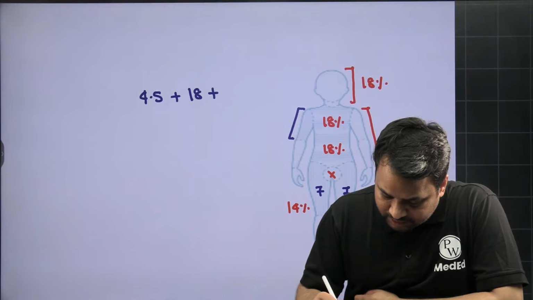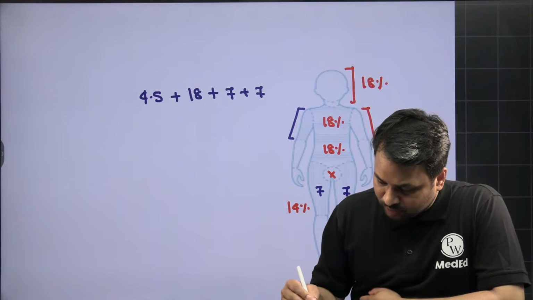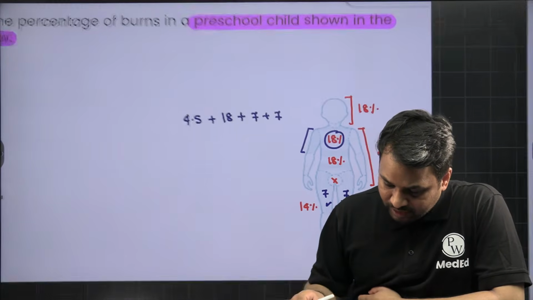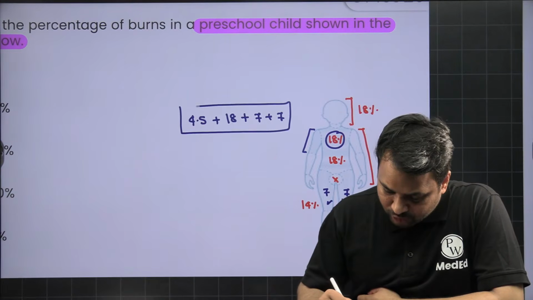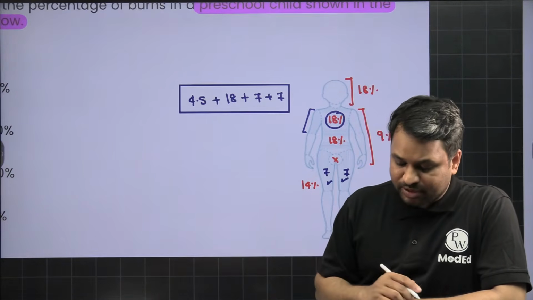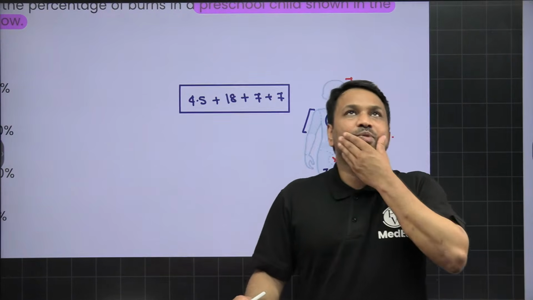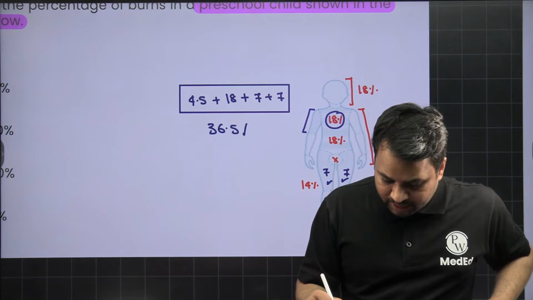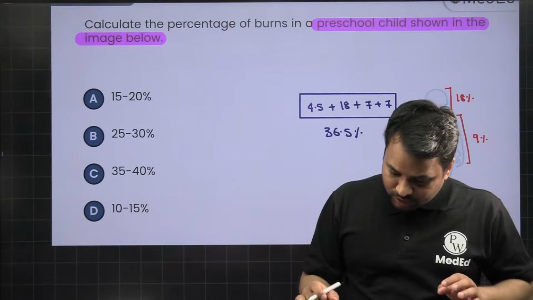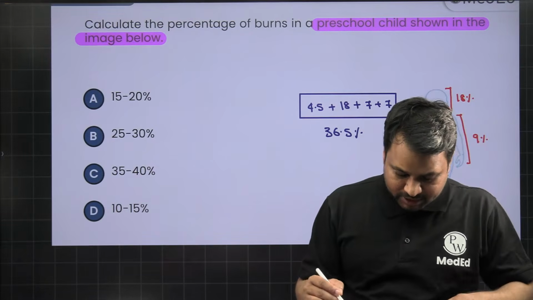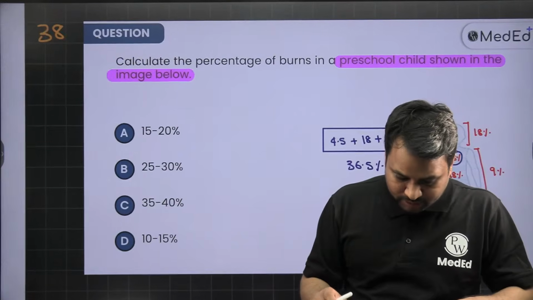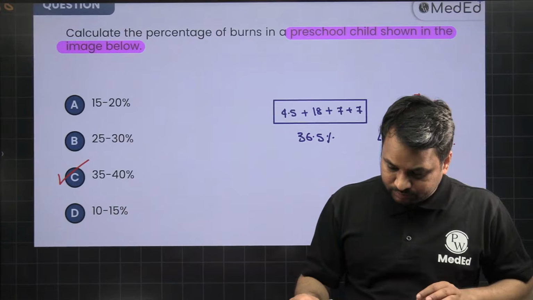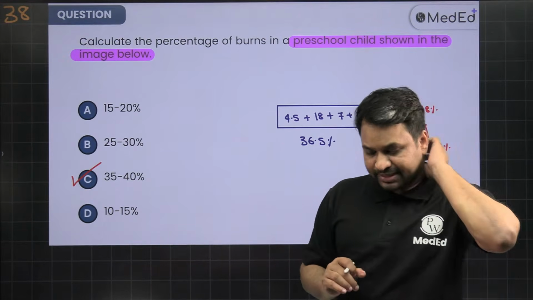So 7, 7, 18, and I'm taking 4.5, right? So this is the entire objective. How much is it going to be? 18 plus 14 is 32. 32 plus 4, 36.5%. This is the value I got. So 36.5 is between 35 to 40%, right? So the answer here for question number 38 is going to be C for Calcutta. Clear? So it is around 36.5%.